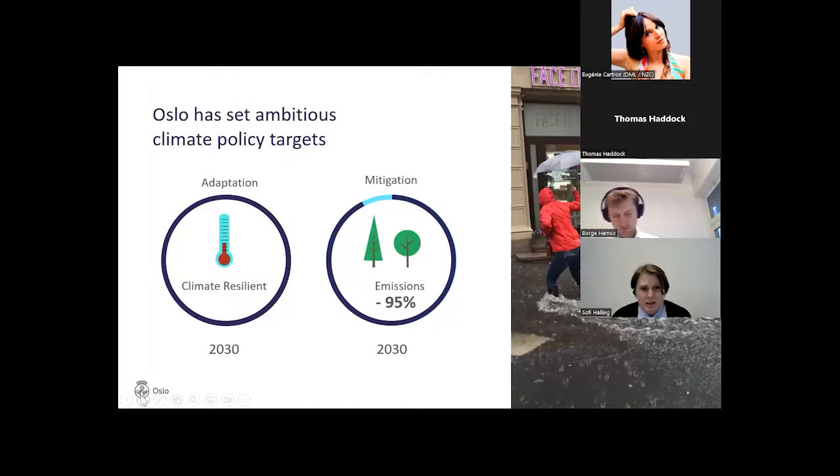We have mainstream climate measures on all levels of city planning. Nevertheless, even if Oslo reaches its zero emission goal, the climate will of course continue to change. So we also need to adapt to present and future hazards, and therefore we have a goal to become a climate resilient city by 2030 as well.